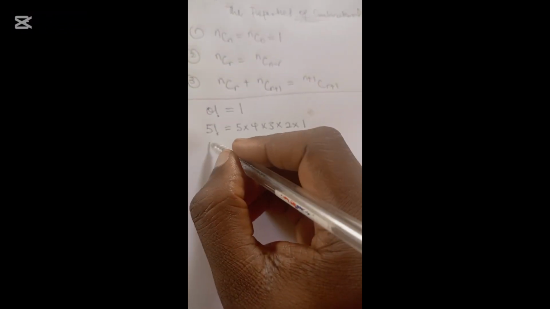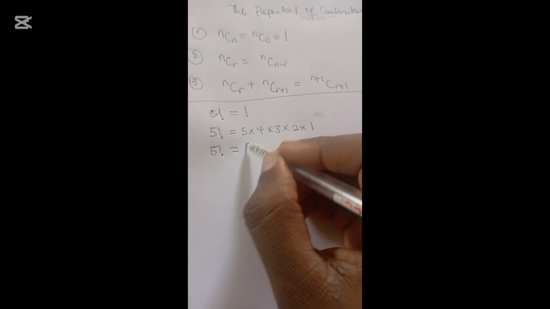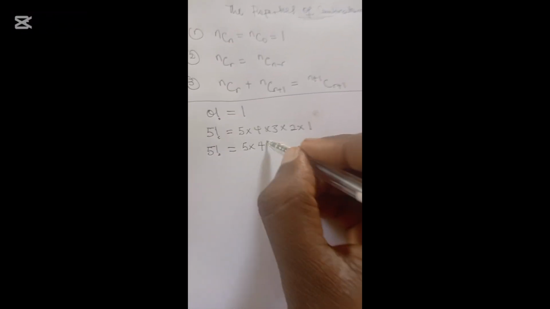As a matter of fact, I may decide to write 5 factorial as 5 times 4 factorial. This plays out a lot in our simplification.